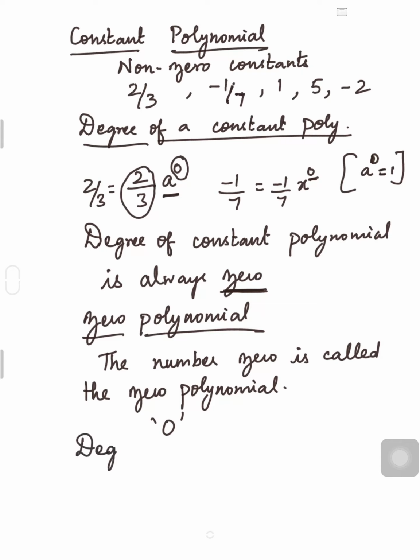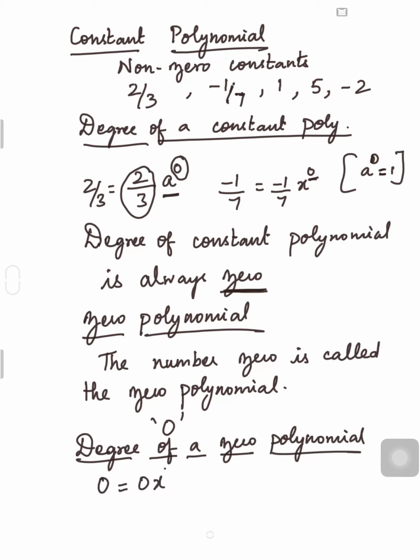What is the degree of a zero polynomial? You know 0 into anything is 0. So I can write this 0 as 0 into x power 5, and I can even write 0 as 0 into y power 100, and you can write 0 as 0 into some a power 120, 129, anything.